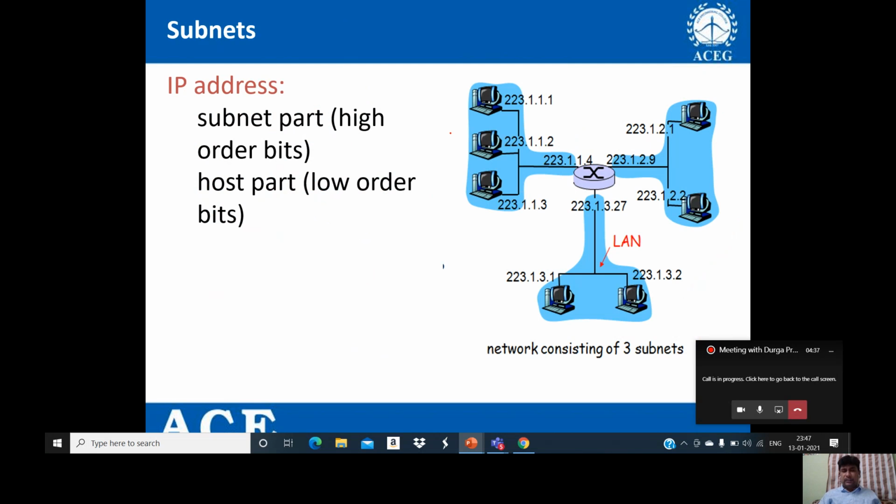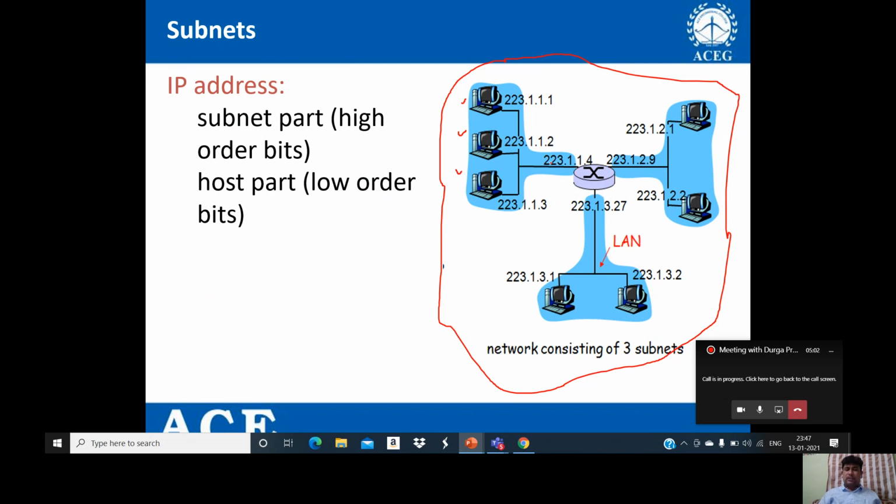Let us look at this particular case, where we consider this entire thing a network, and here we are dividing the total network into smaller units called subnets, or subnetworks. Here we connect 3 host devices to one interface of the router, either using an Ethernet switch or a wireless access point.